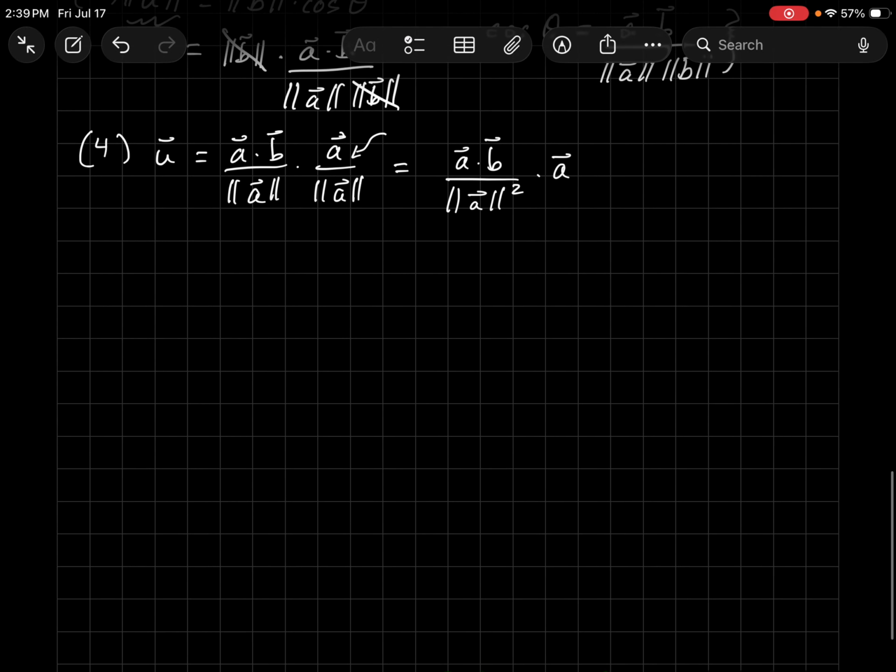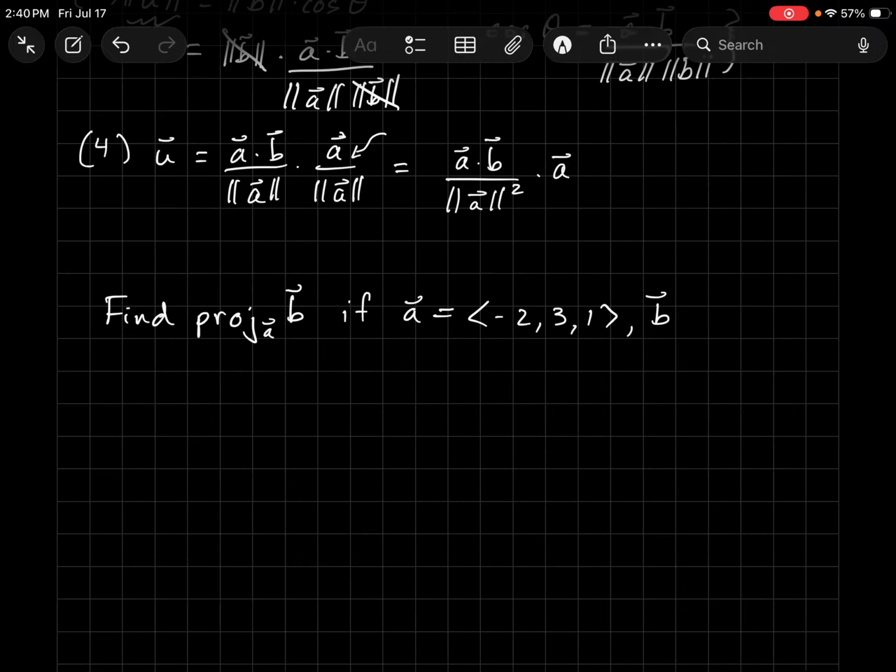Let's do one example. Let's find the projection of B onto A, given the following. A is the vector -2, 3, 1, and B will be the vector 1, 1, 2.